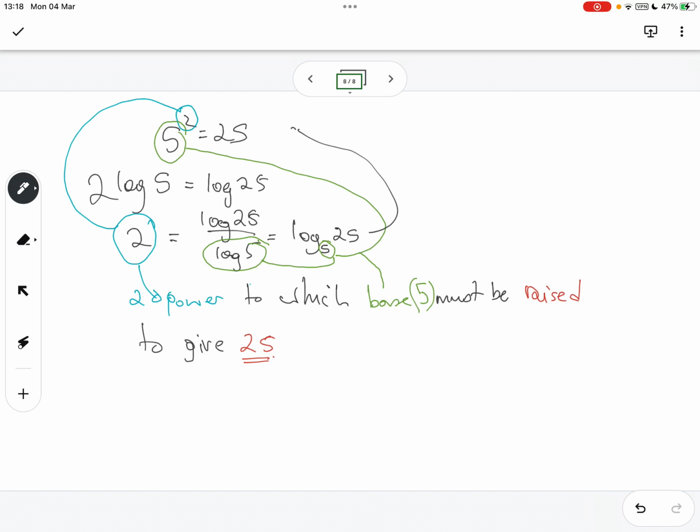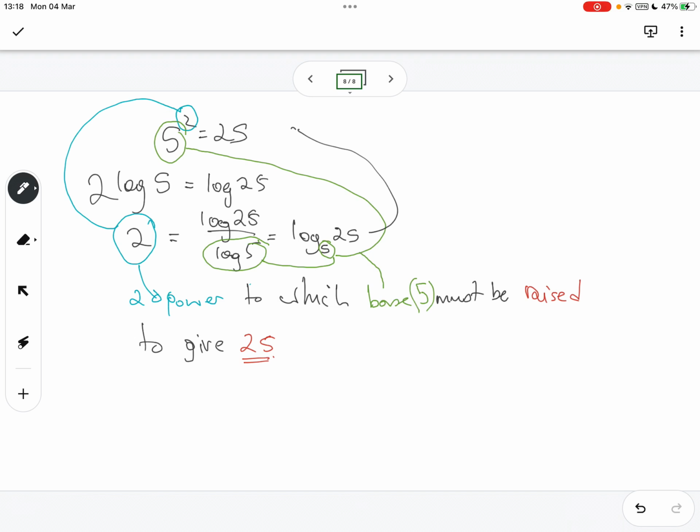So this is an inverted way of writing this here. And that simply means 2 is the power to which the base 5 must be raised to give 25. That's the logarithmic expression verbally. It's like saying Joy eats her muffins versus the muffins are eaten by Joy.